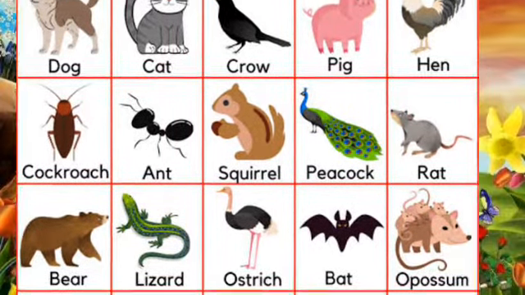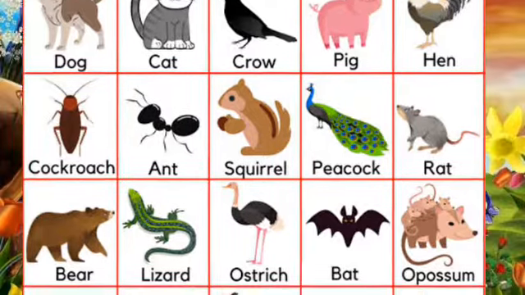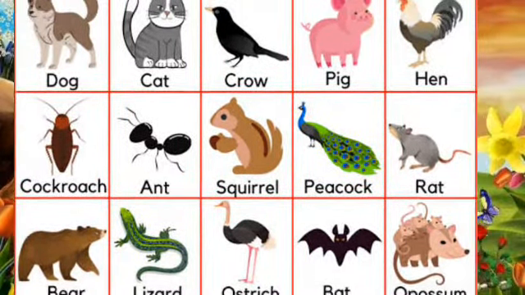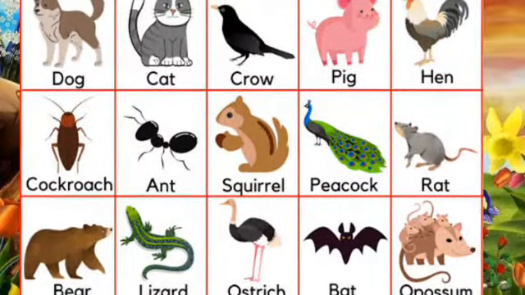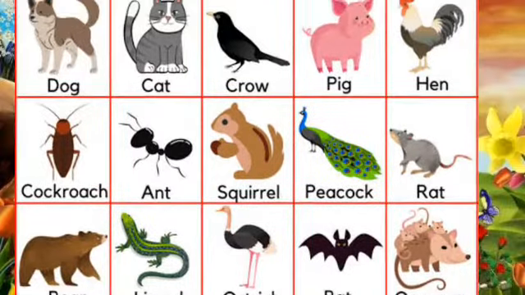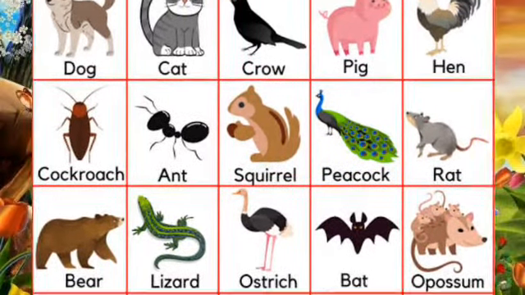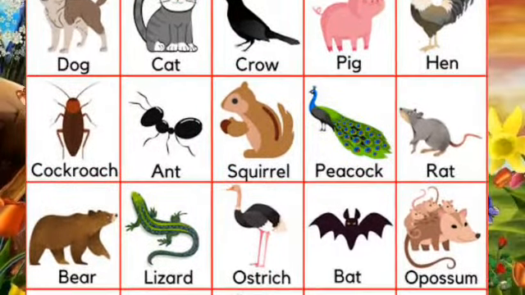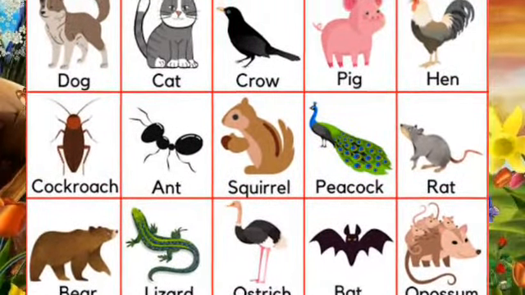You can see dog, cat, crow, pig, hen, cockroach, ant, squirrel, rat, bear, lizard, ostrich, bat. So these are various examples of omnivorous animals.